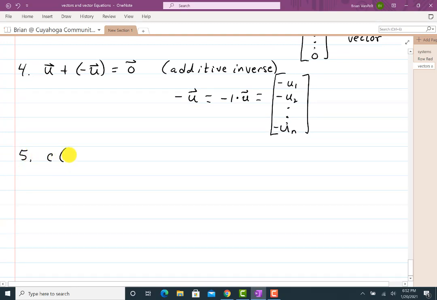If I take a scalar and multiply it to the sum of two vectors, I can distribute it as so. So this is distributivity.